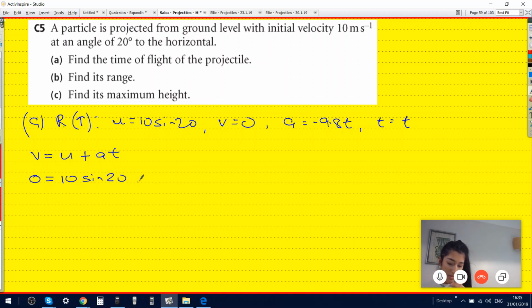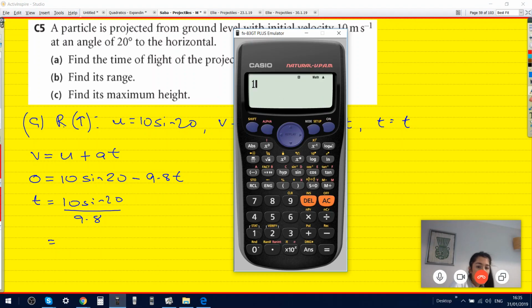Might do it the other way. Hang on. Minus 4.9, 10 sine 20. Yeah, I got 0.698. Oh, you did 9.82. I didn't do that equation. I did something else, sorry.